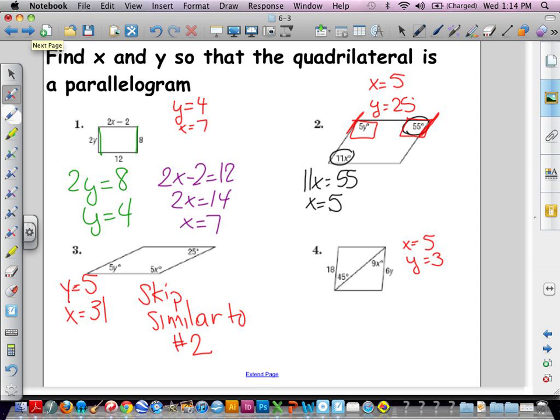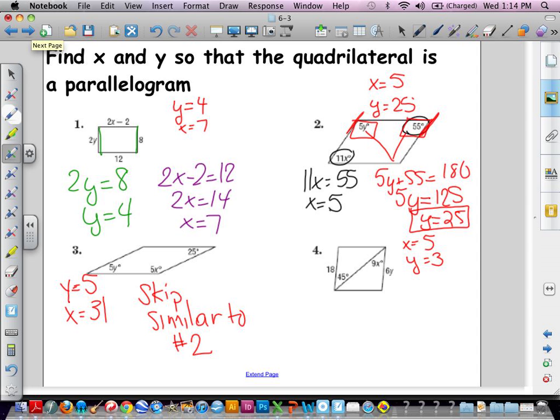Those are consecutive interior. My 5y plus 55 is 180. Move my 55. 5y equals 125. Y is 25. I'm not going to do number 3 because it's similar to number 2.